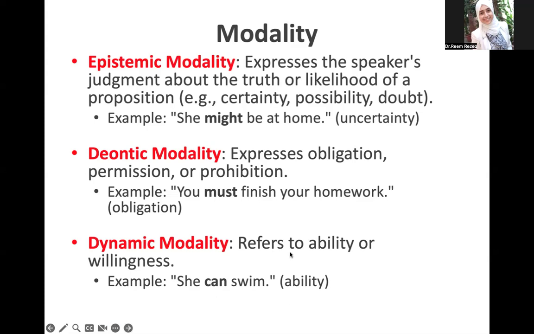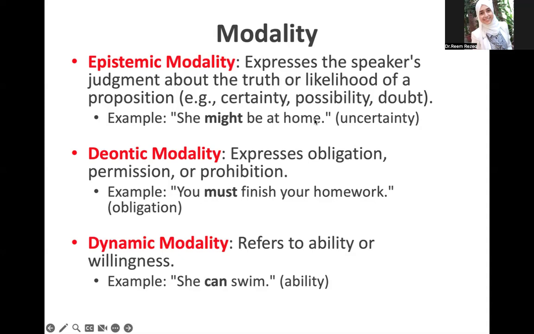So let's start. So let's talk about epistemic modality, deontic modality, and dynamic modality. Epistemic modality expresses the speaker's judgment about the truth of a proposition: certainty, possibility, doubt. So let's start here. For this example, she might be at home.